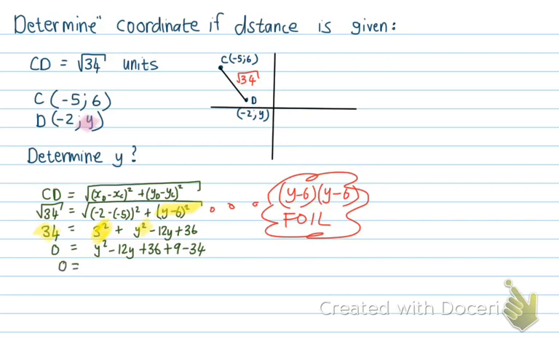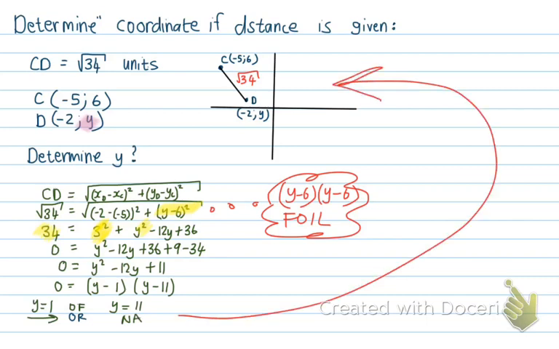Now I have 0 is equal to y squared minus 12y plus 11. If I factorize that, I get y minus 1, y minus 11. I set them both equal to 0 separately, so I get y is equal to 1 or y is equal to 11. Now I go back to my sketch and I go check.